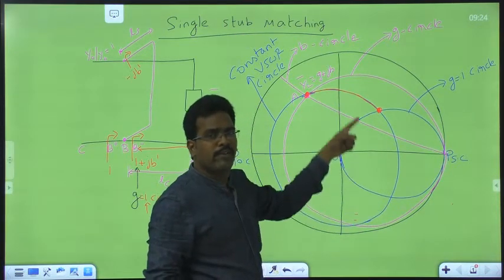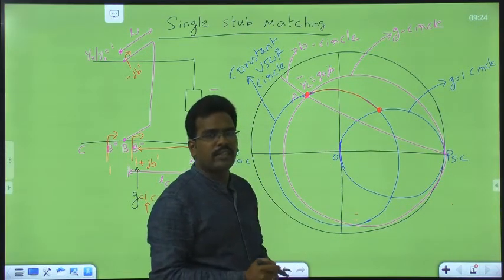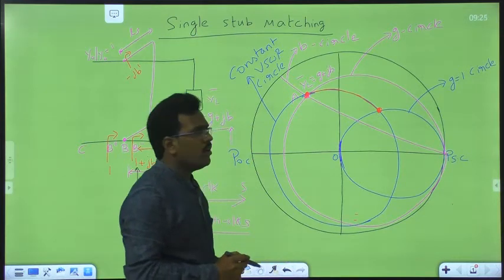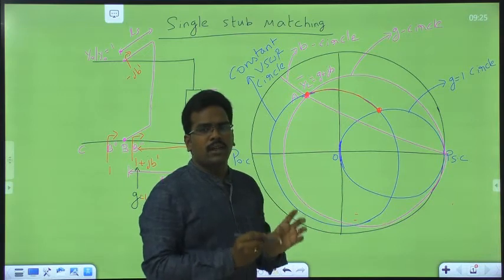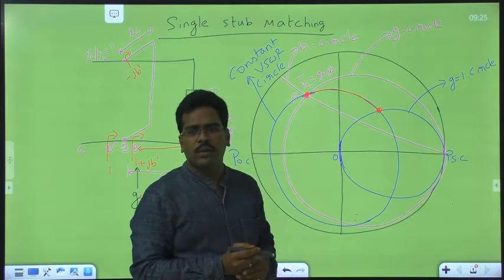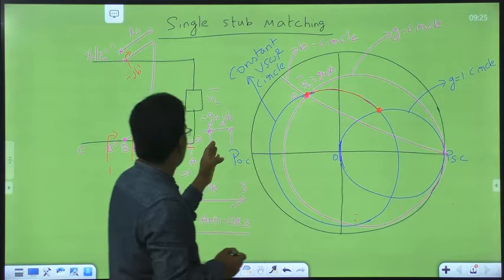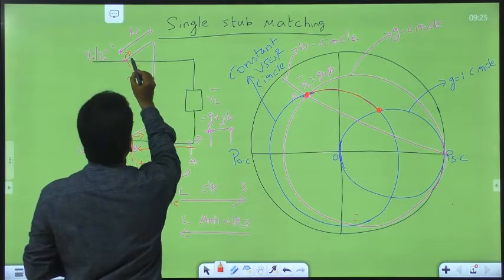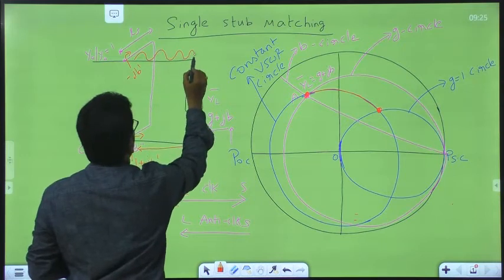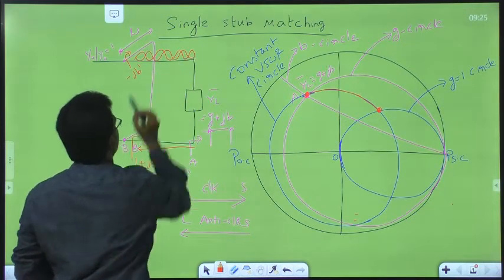You can choose any of the values, but the thing here is, we should always choose the location of the stub as small as possible. Because if the location of the stub is farther, up to there we can see the reflected waves, the standing waves.